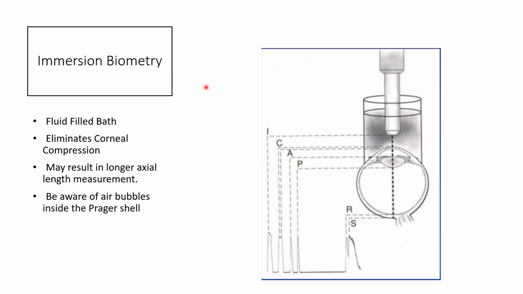The advantage of immersion biometry is that it eliminates corneal compression. However, in some cases, it may result in a longer axial length measurement. And we also need to be mindful that there could sometimes be air bubbles inside the Prager shell, which might affect the measurement.